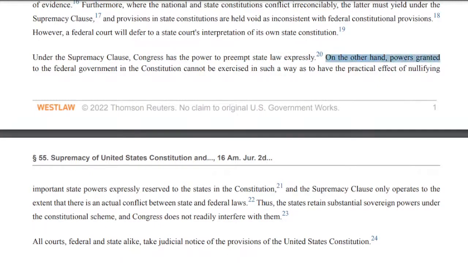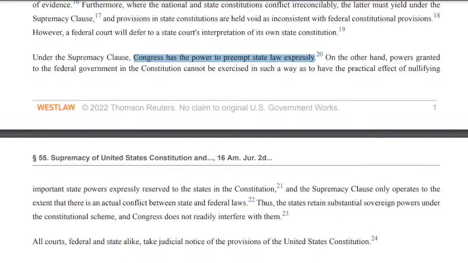But on the other hand, the powers granted to the federal government in the Constitution cannot be exercised in such a way as to have the practical effect of nullifying important state powers expressly reserved to the states in the Constitution. So if Congress does pass a law that would preempt another state law from being expressed, that would stand.